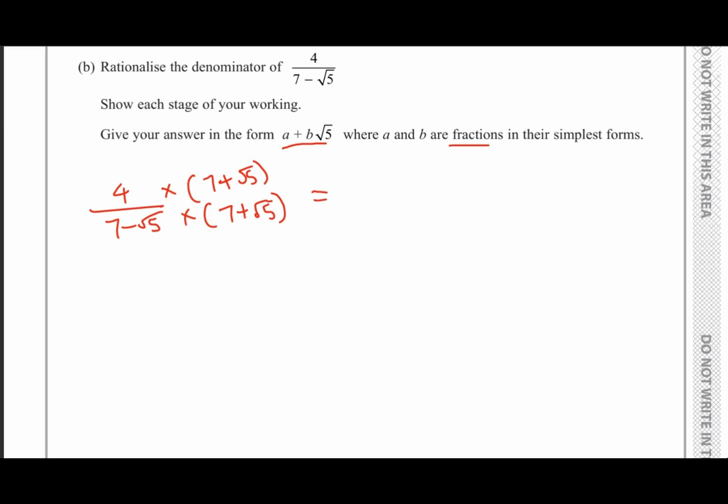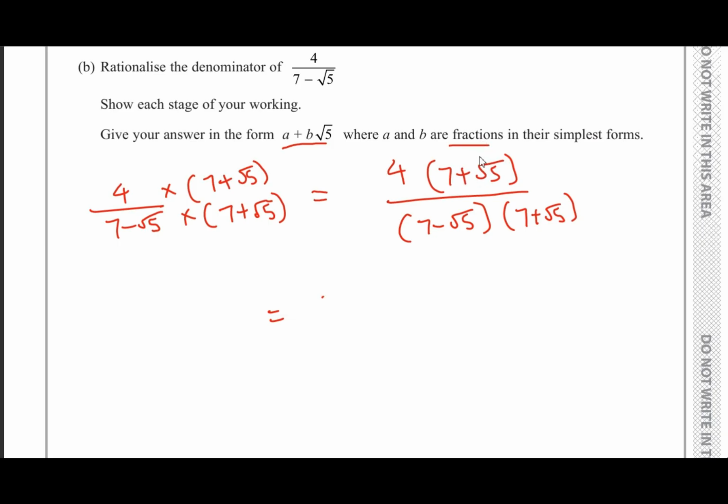I have 4 times 7 plus root 5 in the numerator, and in the denominator I have 7 minus root 5 times 7 plus root 5. Now I'd be expanding this. 4 times 7 is 28. 4 times root 5 is 4 root 5.